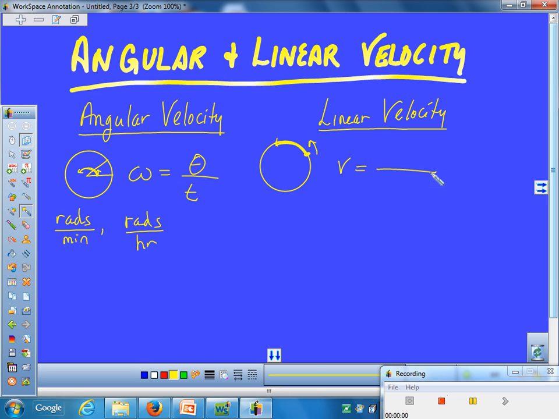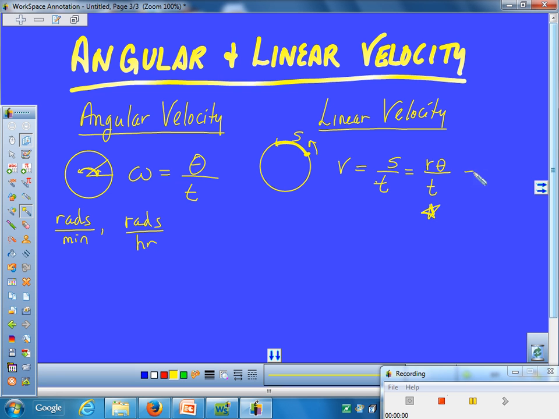There are actually several versions of this formula. You could say it's the arc length, how far I traveled over time, or to figure arc length, you go back to the arc length formula, which is r theta over time. That's the one you're going to use the most, the handiest for you.